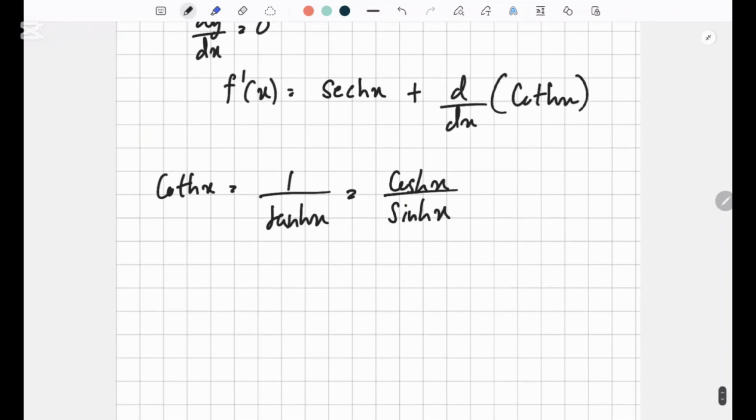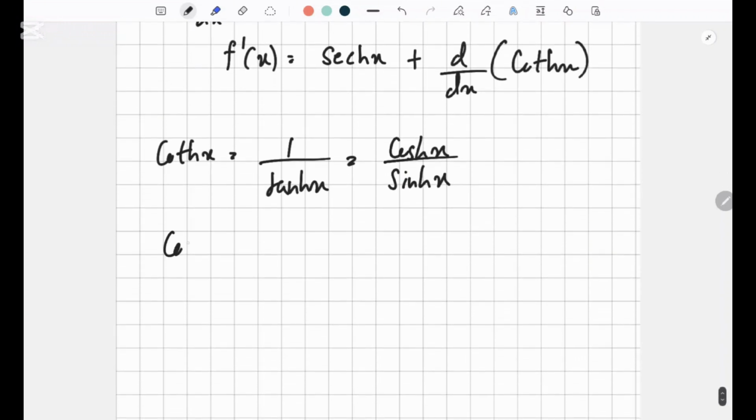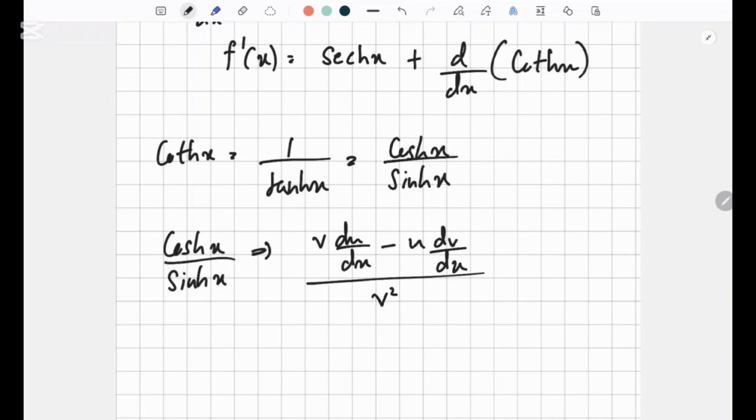Now we have to differentiate that, so we differentiate cosh x over sinh x. You use the quotient rule. Let me just write the quotient rule for you guys: v du over dx minus u dv over dx, all over v squared. This is the quotient rule, right? The denominator is always v, and the numerator is u.